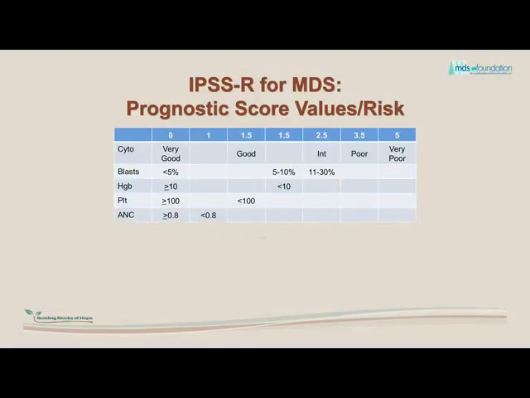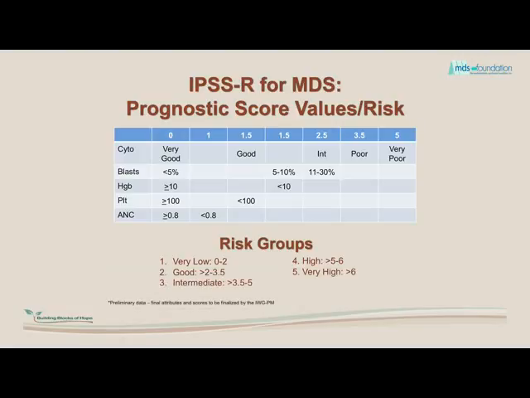Each of these are assigned a score, allowing them to stratify the disease into 5 different risk categories. One is very low risk with a score of 0 to 2, good risk with a score greater than 2 to 3.5, intermediate risk with a score greater than 3.5 to 5, high risk with a score greater than 5 to as high as 6, and finally very high risk disease with a score that's greater than 6.